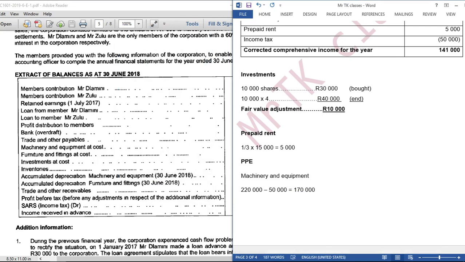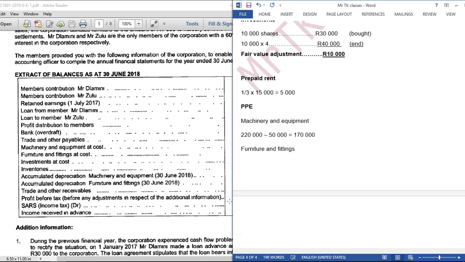The next one is furniture and fittings. Let us just take this to the next page.